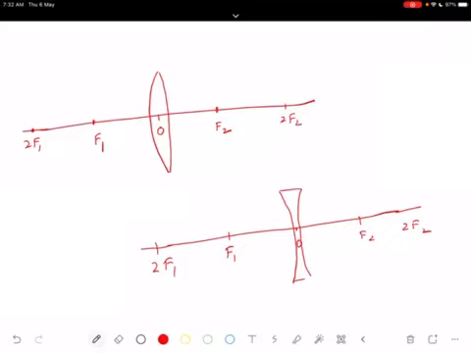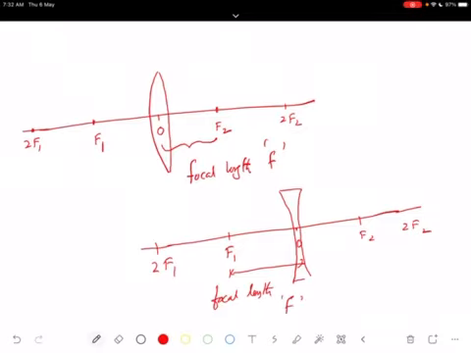So define principal focus and the distance between. You can see that with the object on the left, the distance between the optical center and the focus is called focal length. What is the focal length of a lens? Represented by small f. The distance between the optical center and focus is called the focal length, represented by f of a lens.